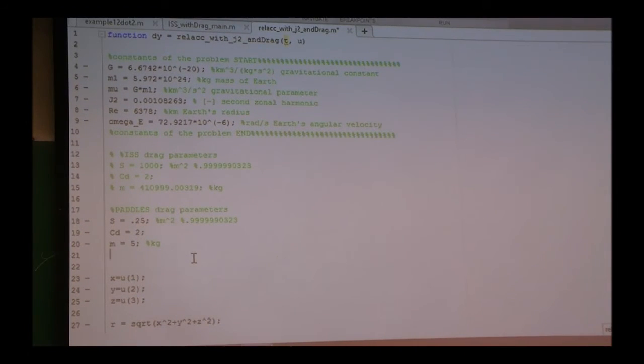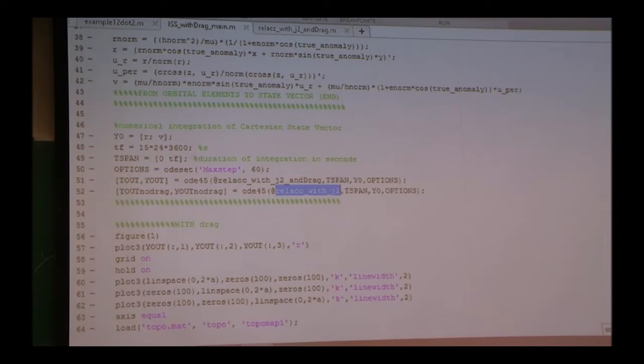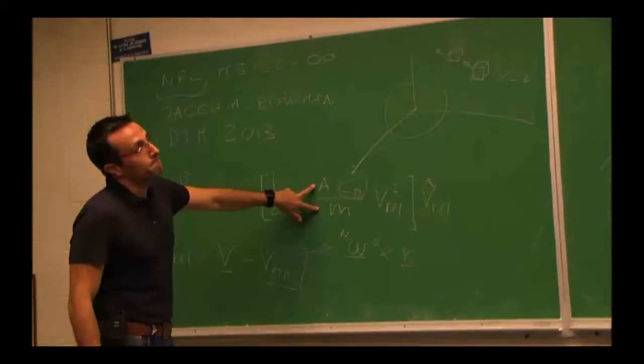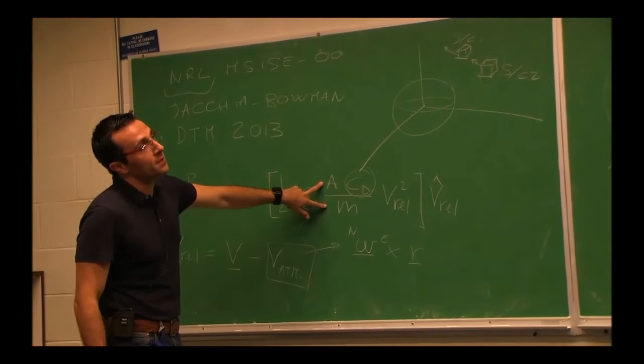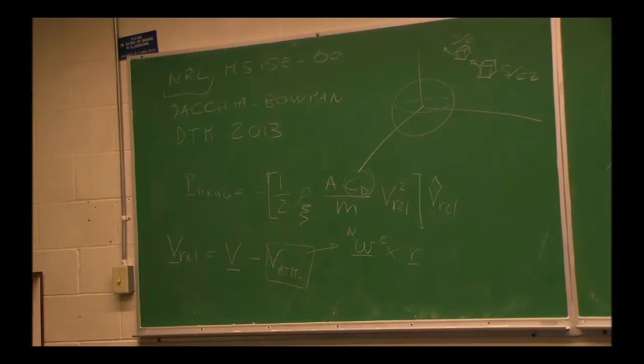It's a 3U CubeSat. These will go down much faster because it's a small mass, and so the ratio between these two matters a lot, as you can imagine. So if it does run, I hope it's running. Yeah, it's taking its time.